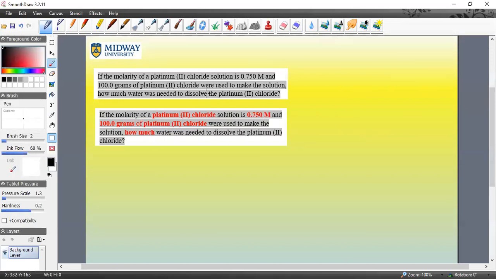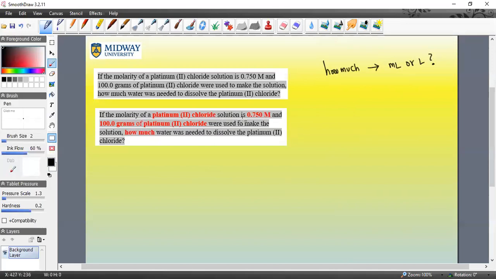Well, water is a liquid, so first thing first, there are multiple ways to do this, and depending on who you talk to, you might get a different response for how to solve this problem. But how much of water means I can get the answer in milliliters or liters, and that's essentially what I want, right?